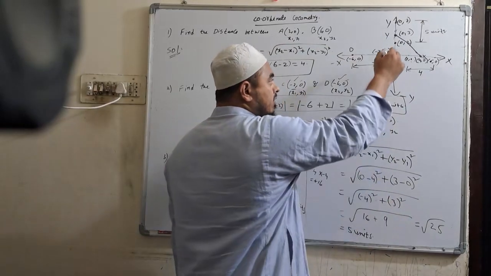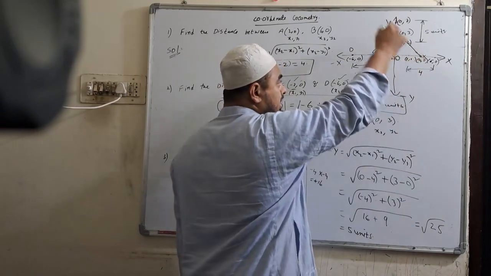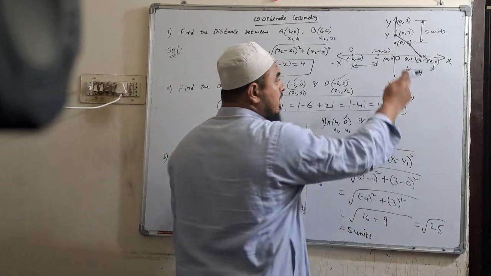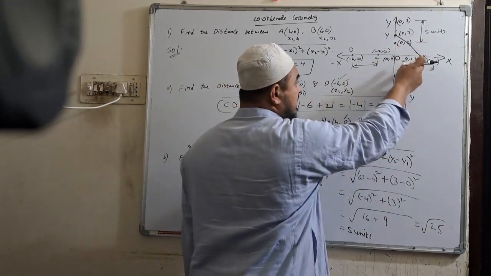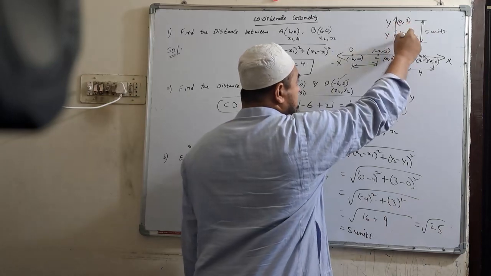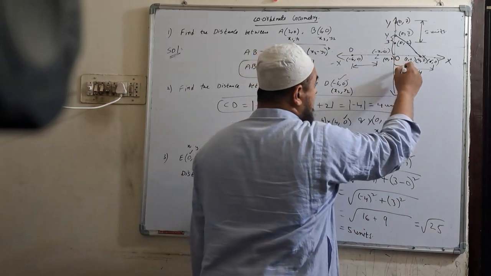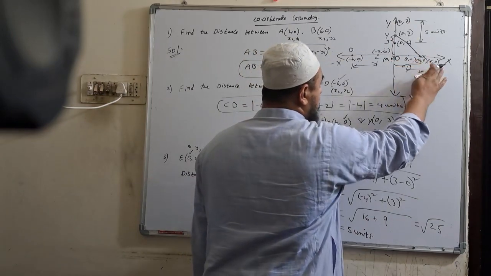Even you can do it here using the hypotenuse. They are asking to find the hypotenuse XY here, and they have given OX that is 4, OY that is equal to 3. This is 3 here, and this is equal to 4.